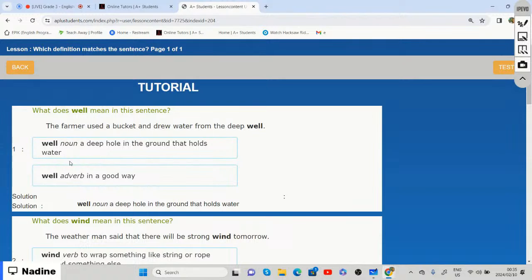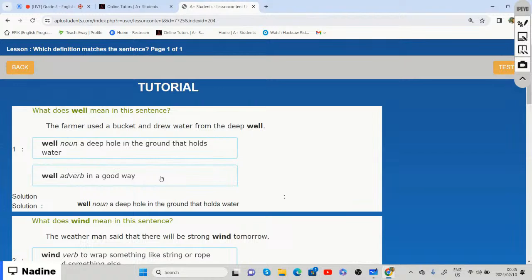And here are two meanings of the word well. The first meaning of well is a noun, and it says it's a deep hole in the ground that holds water. And the second meaning of the word well is an adverb. It means in a good way.